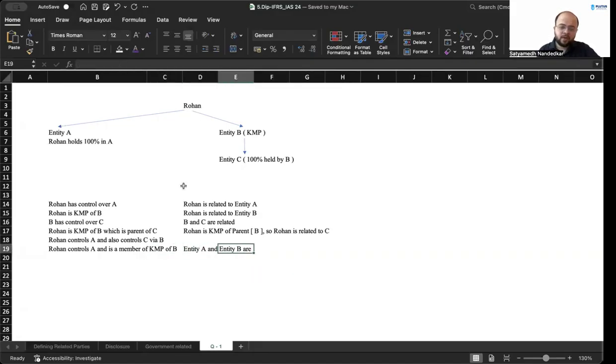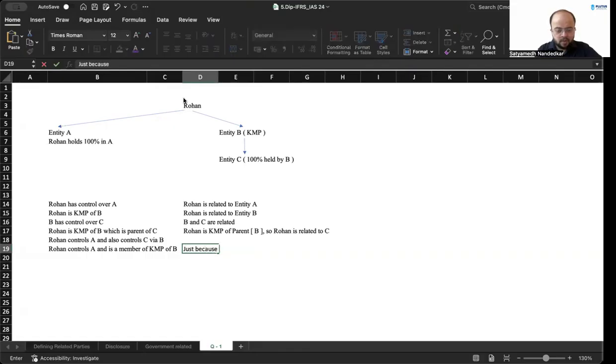ठीक है. Rohan controls A and is a member of KMP of B. See here, just because Rohan controls A and is a key managerial person of B does not make them related parties.